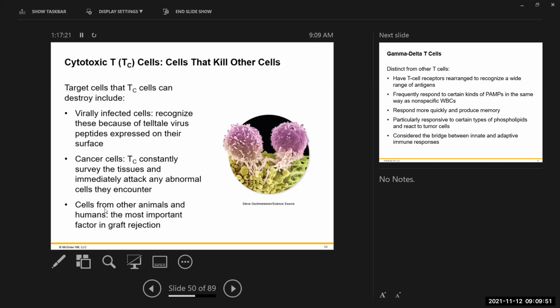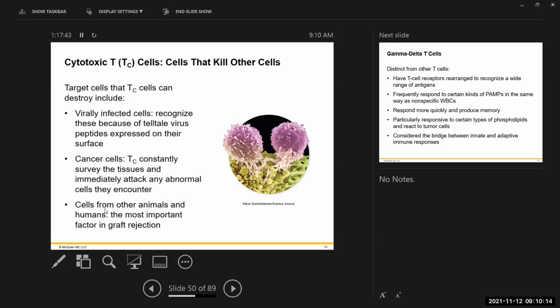T cell receptor on the surface of the cytotoxic T cell can recognize that viral protein in the context of this MHC class 1, and CD8 is able to also interact and form a contact with that class 1 protein.